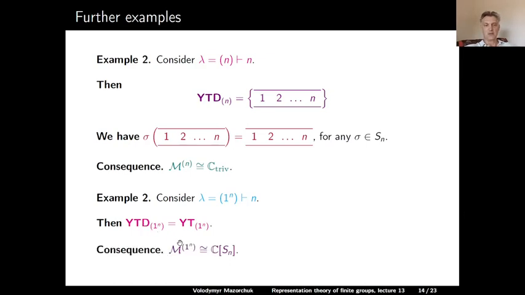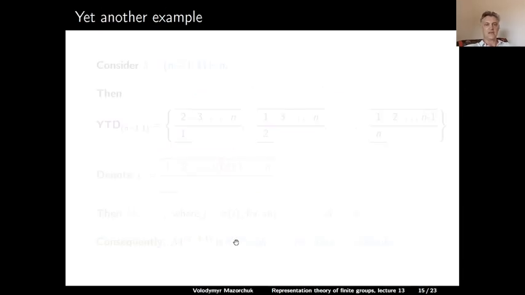So the permutation module is just the linearization of the module on Young tableaux, and we have seen that this is exactly the regular module over Sn. So one extreme gives us the trivial module, the other extreme gives us the regular module. So here is a less trivial example. Consider the partition lambda consisting of two parts, n minus 1 and 1.